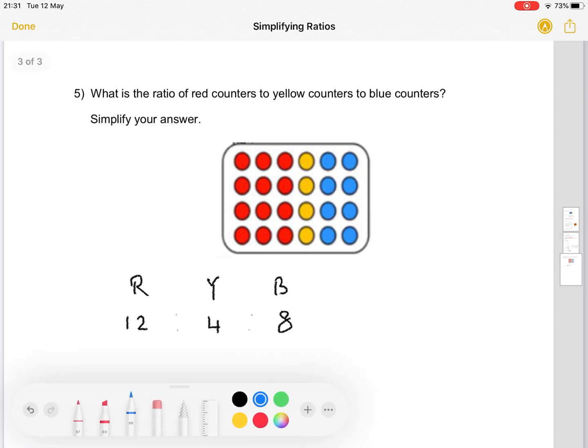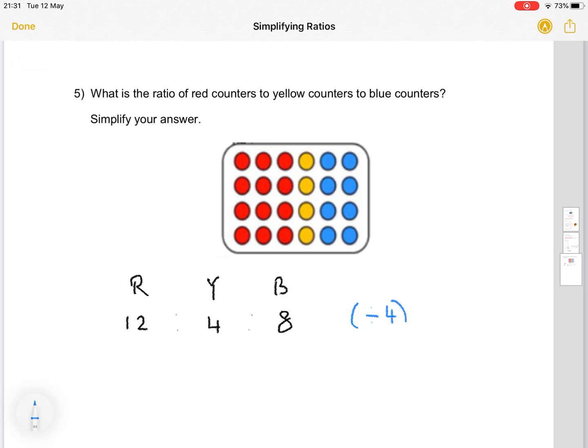So I need to divide all parts by 4. If I divide 12 by 4, my answer is 3. 4 divided by 4 is 1. 8 divided by 4 is 2. So 3 is to 1 is to 2.